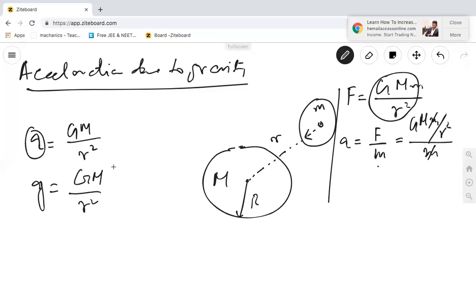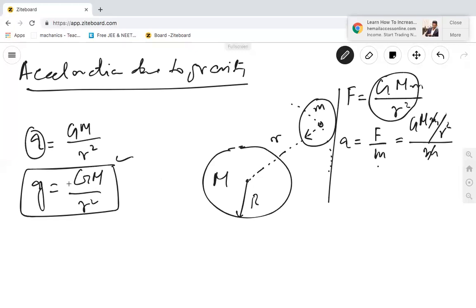This is the formula. Any body falling to the ground falls with this acceleration, because anybody falling towards the earth, maybe they have different masses, but they will fall with the same acceleration due to gravity. Why so? No matter what the mass is, because there's no mass of the object here.